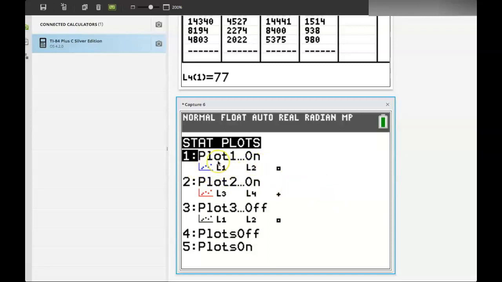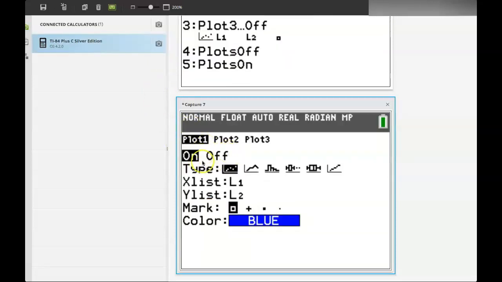Now, we have two plots here. One for L1, L2. The other one I'm going to choose for L3, L4. So enter here. After that, choose number 1, enter. We have this page.